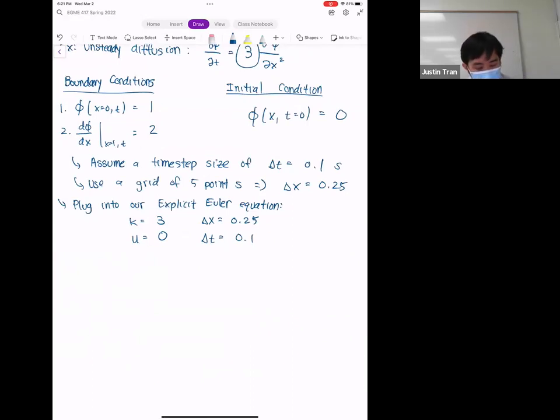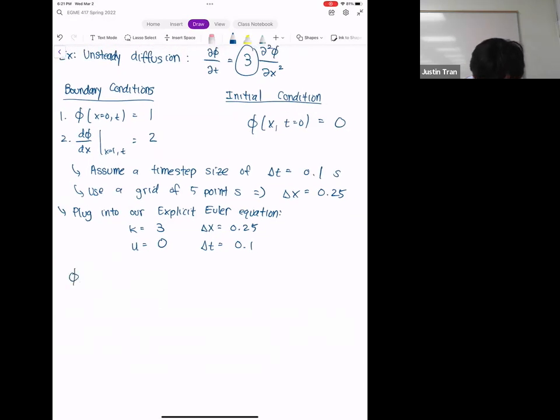Okay, and so if we plug all these in, then we get the following equation. phi i at n plus 1 is equal to 4.8 phi i minus 1 at n minus 8.6 phi i at n plus 4.8 phi i plus 1 at n.